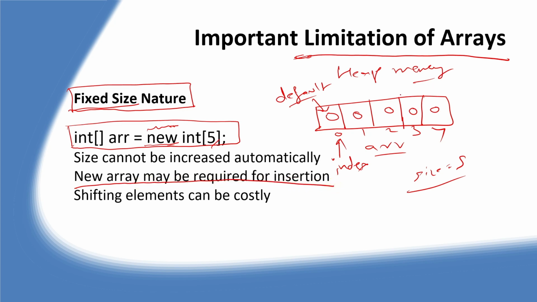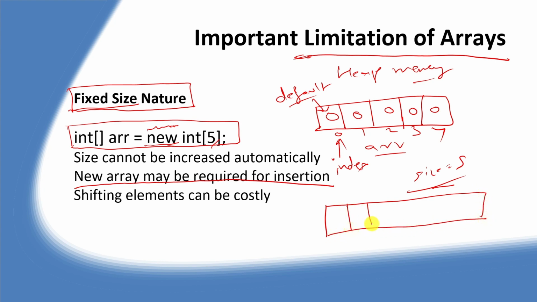So let's say we have the array size as 5. Now I want to insert 2 more values, but I cannot alter the size of this array. Then what I will do? I will create one more array of 2 bigger size, that is 7.